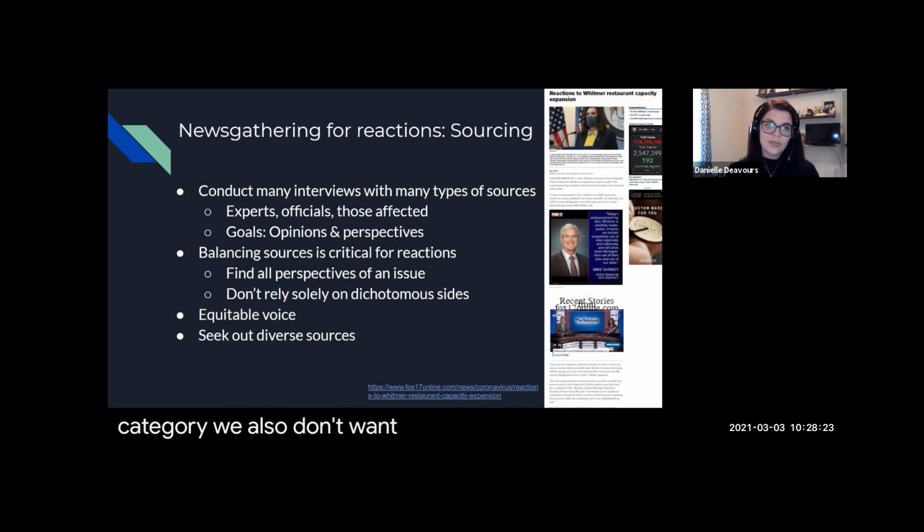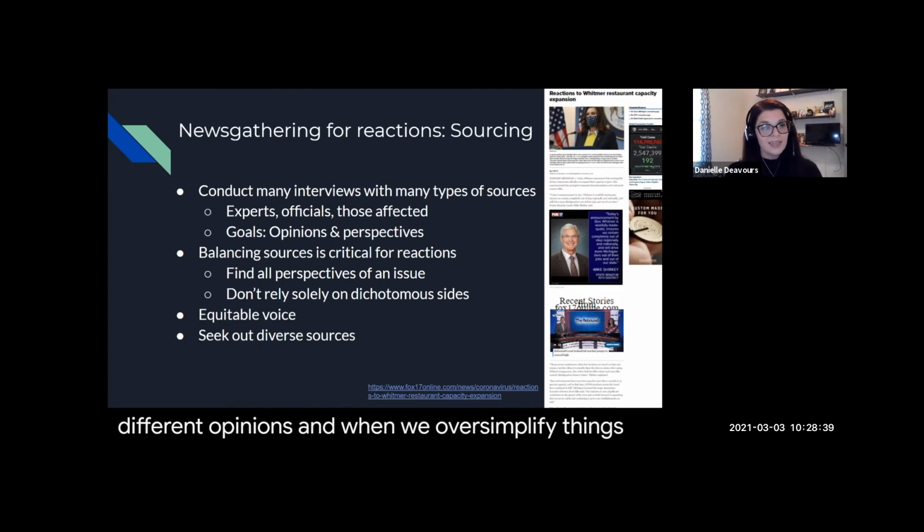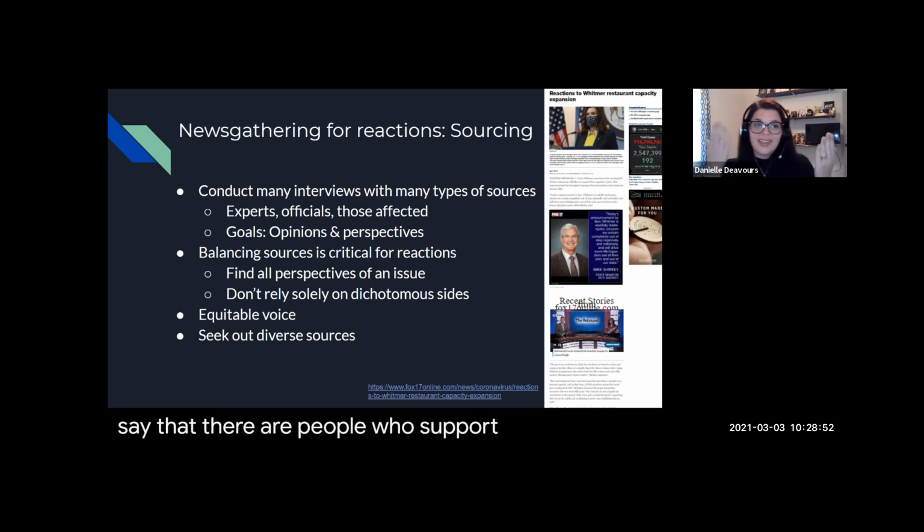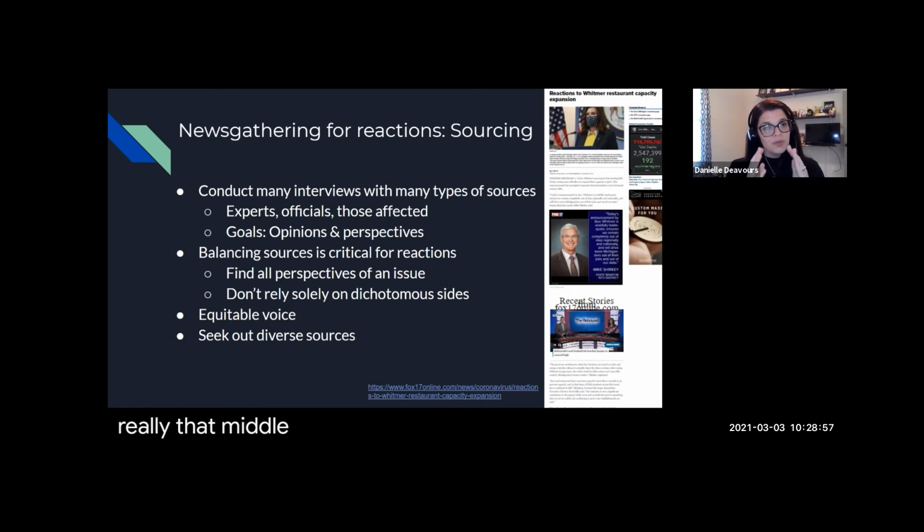We also don't want to oversimplify things and present things dichotomously, meaning that there's only two sides of an issue, because we know that there are often many perspectives and many different opinions. And when we oversimplify things, it can create a conflict that isn't really there, right? So let's take the example we've been working with this morning of returning in person in fall. You could say that there are people who support it and don't support it, right? And you'd be right. But then there's really that middle ground of people too, right? What could the middle ground of that situation be?